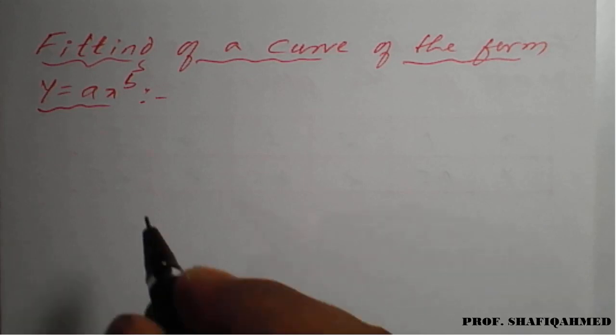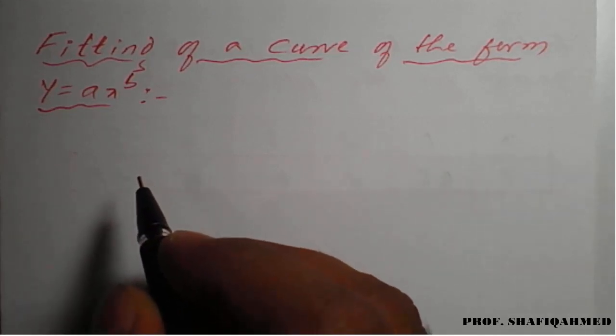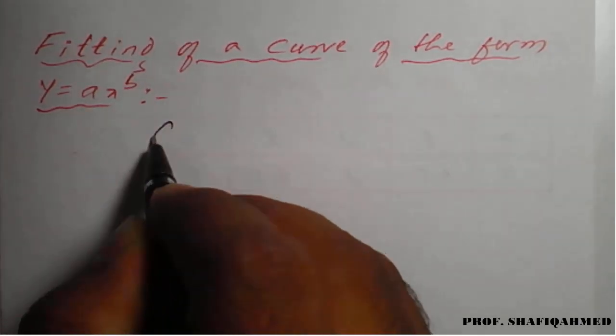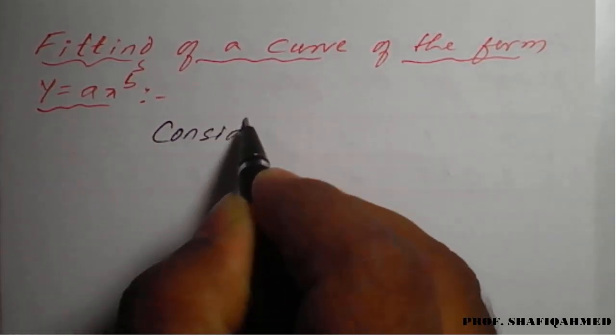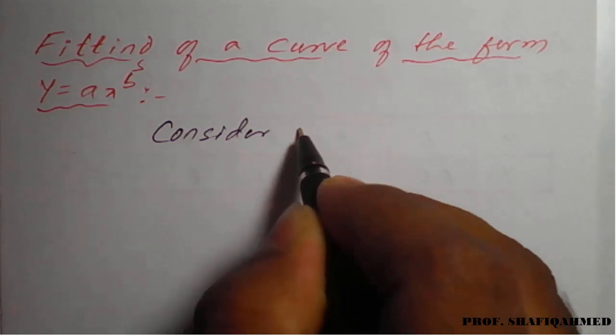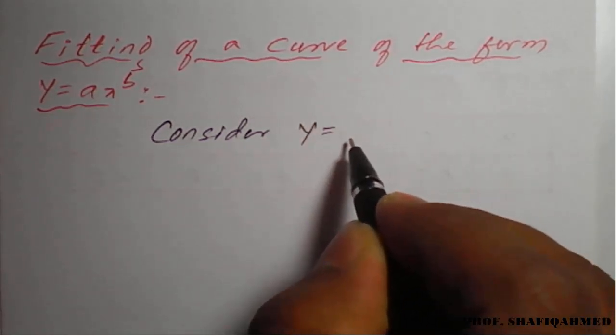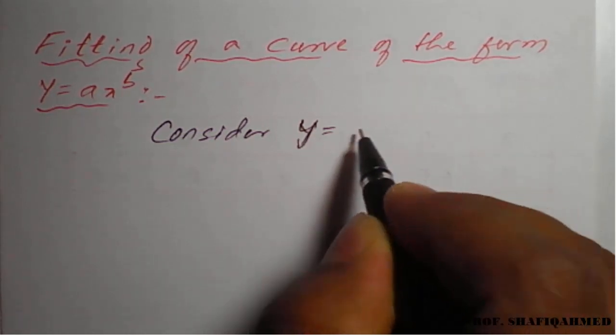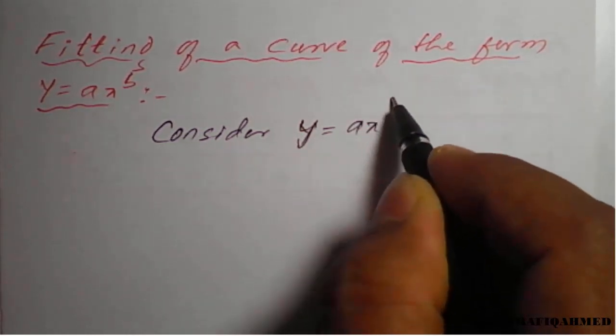Here we'll consider the given curve as small y is equal to a x raised to b.